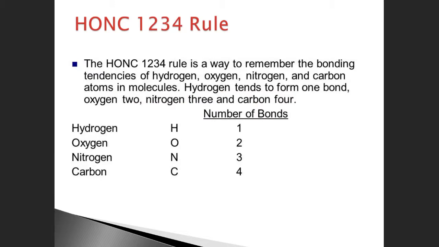If I always write it like this, HONC, 1, 2, 3, 4 underneath, that means that hydrogen has to form 1 bond, oxygen has to form 2 bonds, nitrogen has to form 3 bonds, and carbon has to form 4 bonds in order for those particular atoms to be stable. Okay, good. All right, here we go.